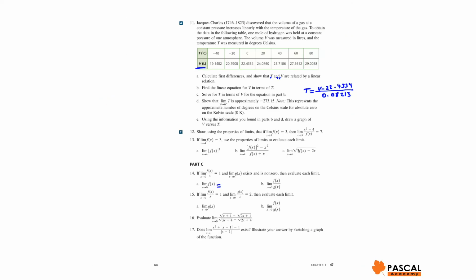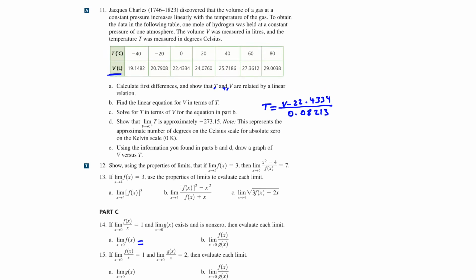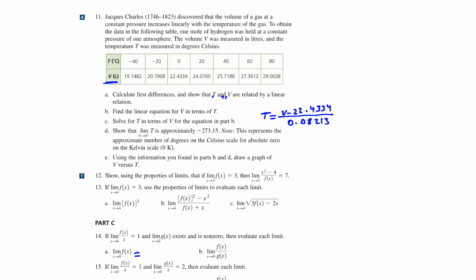Next question, question 11. In this question, a table of values is given, showing the relationship between the temperature and volume, and a couple of questions are asked. Part A asks to show the relationship between V and T is linear.